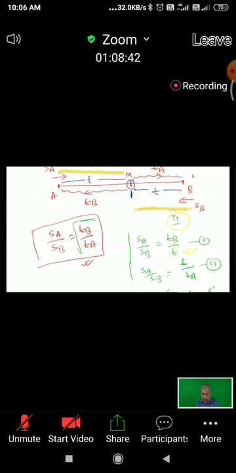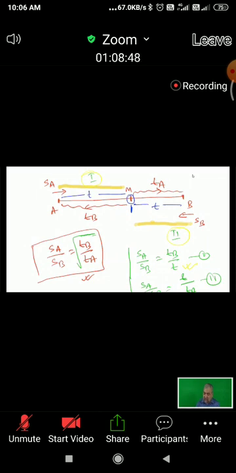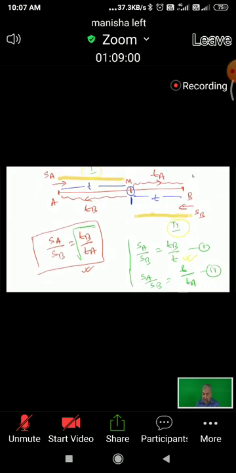And for the second part, whatever distance is traveled by the train from A from the meeting point M to B, the same distance is traveled by the train from B to reach the meeting point. So again, the distance is same.